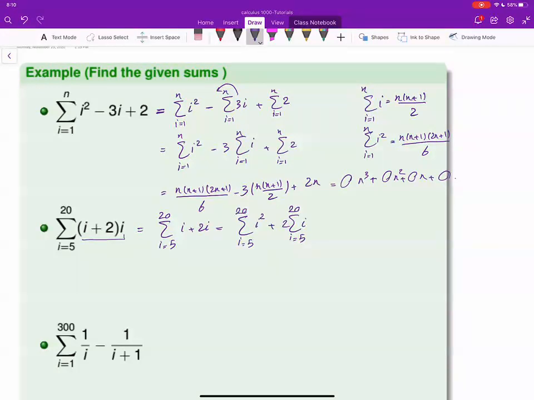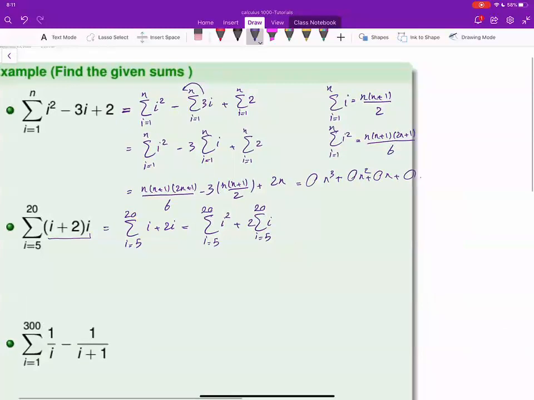I have a formula for i and i squared if I go from 1 to any number n. Here it goes from 5 to 20. In other words, I'm going to have 5, 6, 7, 8 up to 20. But the formula I know is when I start from 1, so I'm missing 1, 2, 3, and 4 here.